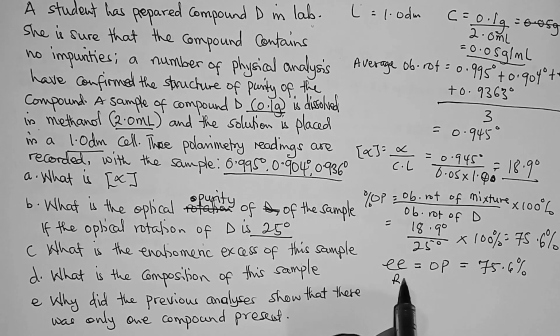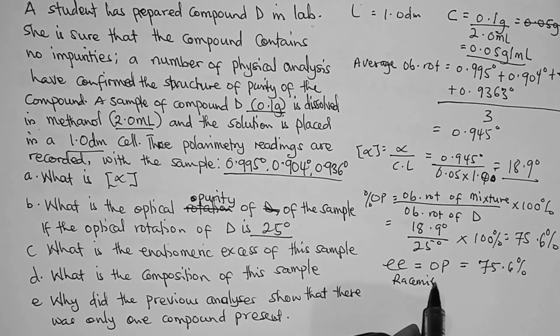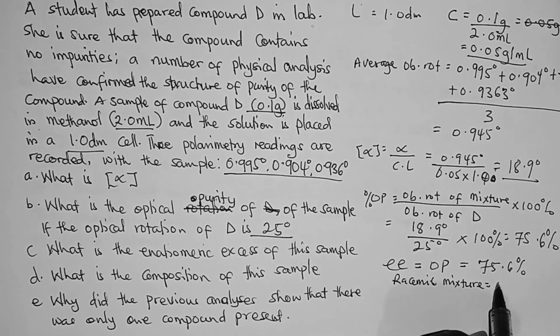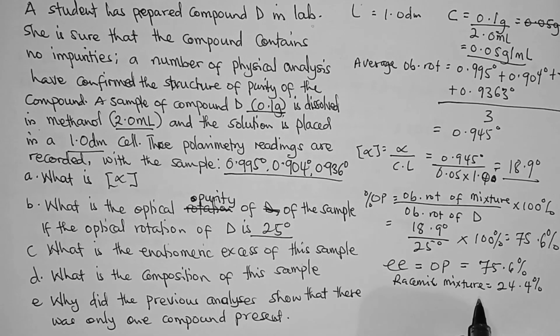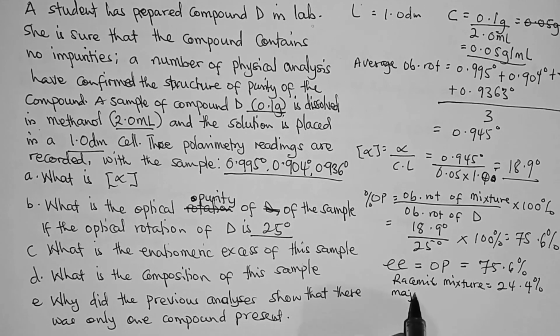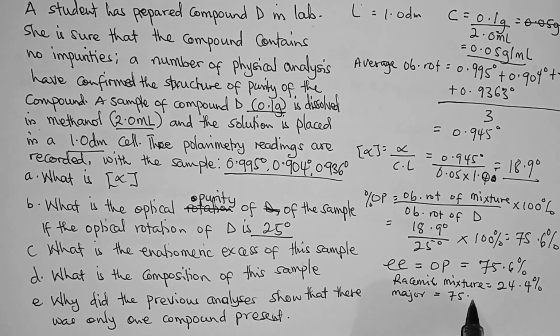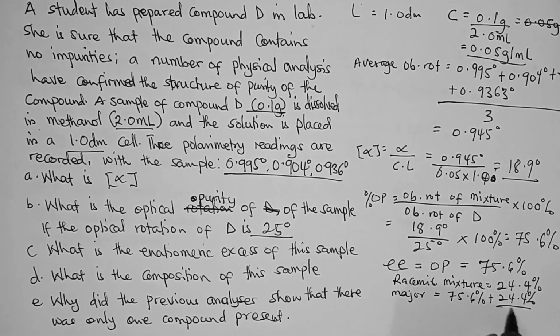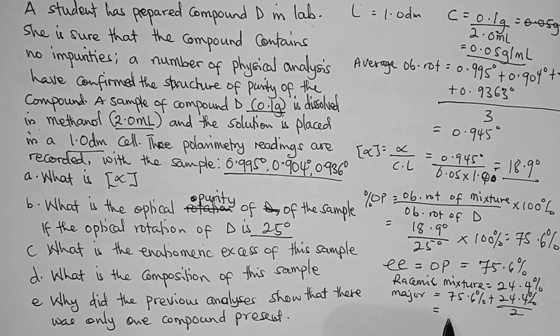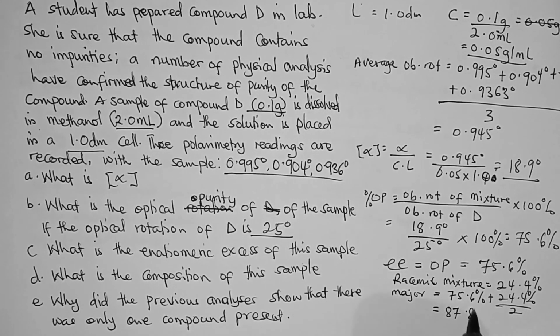It means that the racemic mixture is 24.4%, and therefore we will have the major enantiomer, which is the one in excess, as 75.6% plus 24.4% divided by 2. And this is equal to 87.8%.